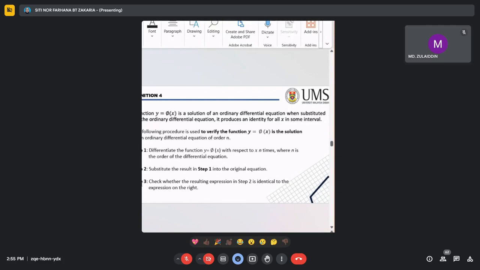First, differentiate the function. Second, substitute what you have differentiated into the DE. Third, simplify the equation. If the equations on the right and left sides are equal to each other, it means that function belongs to that DE.